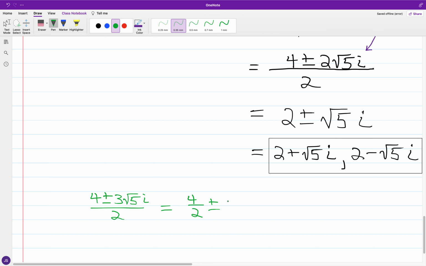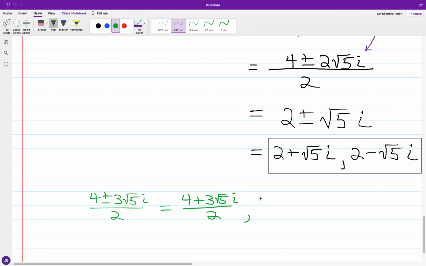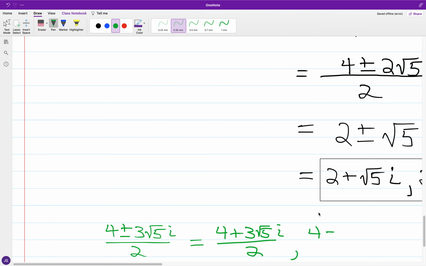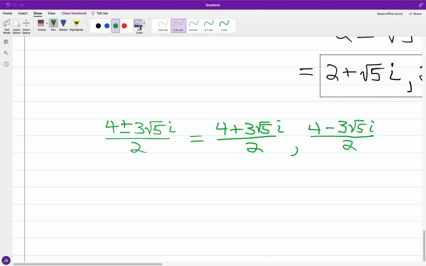If it's not asking to put it into standard form, you have 4 plus 3 times the square root of 5 times i over 2, and 4 minus 3 times the square root of 5 times i, all over 2. But if it doesn't ask for standard form, that would suffice.